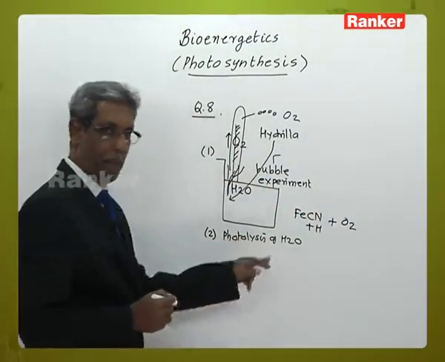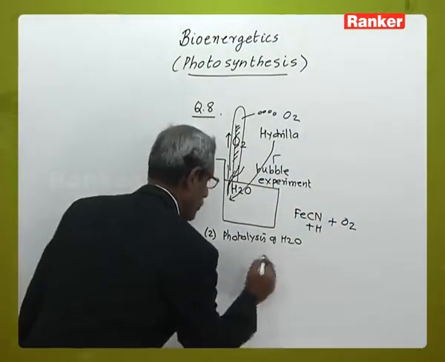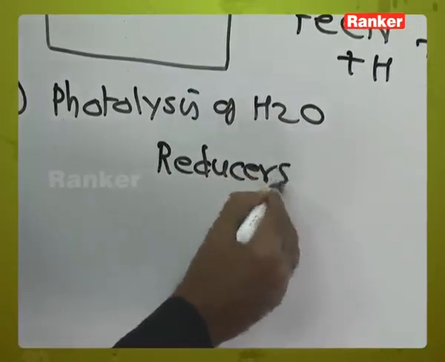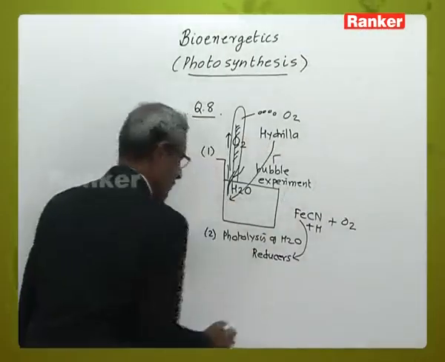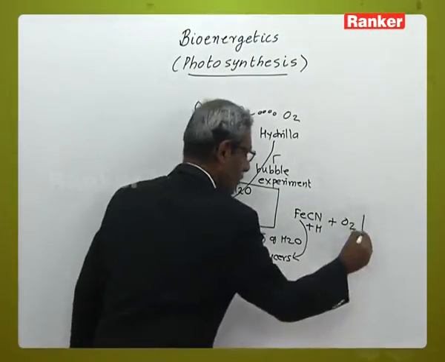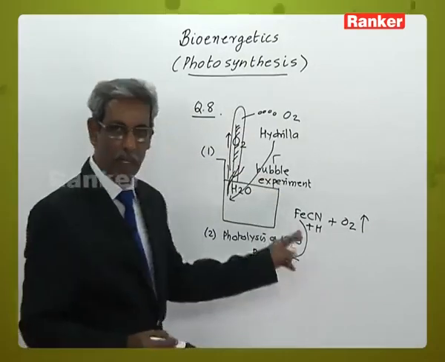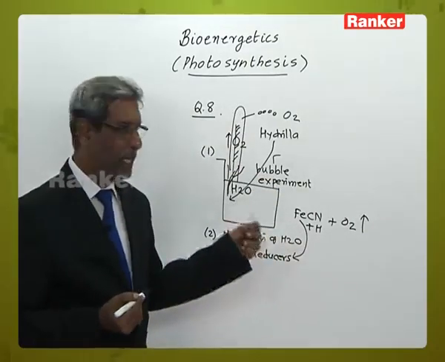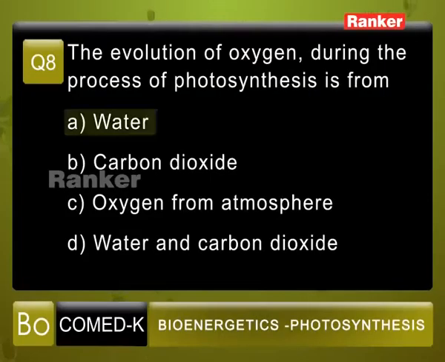These are termed reducers. There are several chemicals which also reduce, and there is evolution of oxygen. So these two experiments determine that the evolution of oxygen during photosynthesis is from water, and the answer is A.